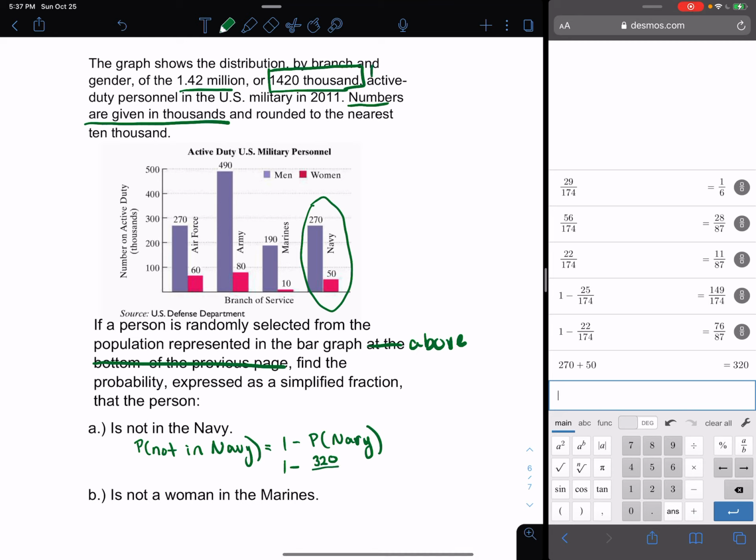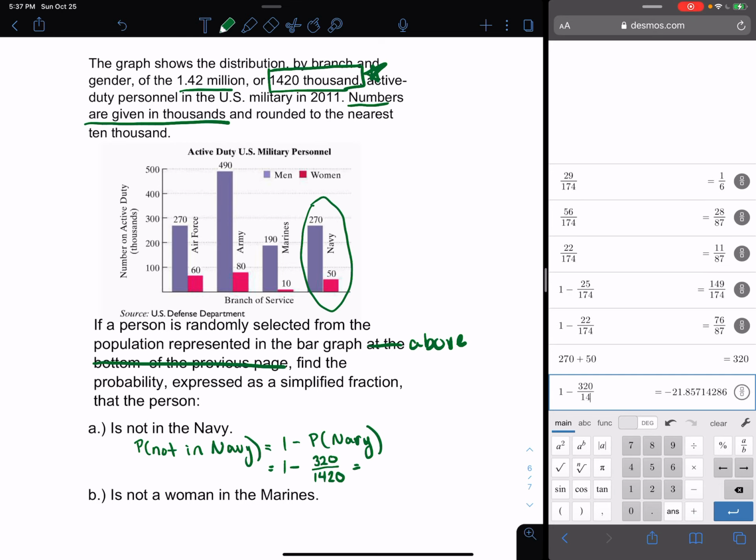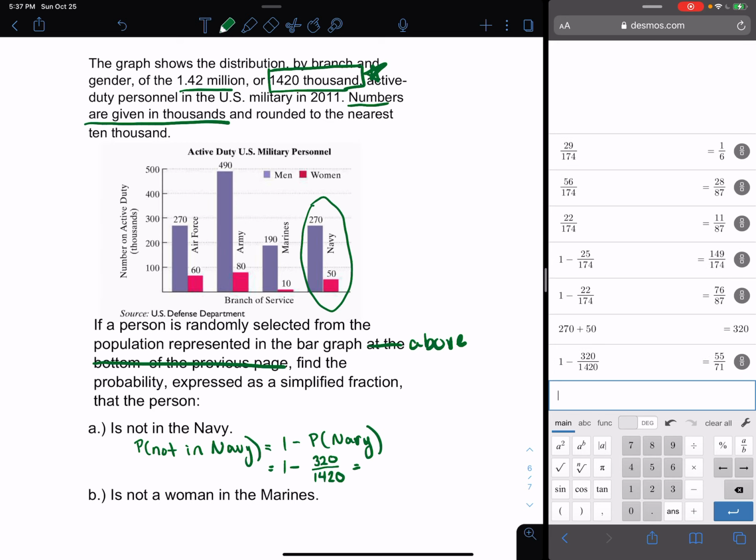I'm going to use what they gave me up here, that 1,420. If I do that, they're telling me just to answer as a simplified fraction. So I'll do 1 minus 320 over 1420. I'm going to hit that fraction button, and it gives me 55 over 71 as my answer as a simplified fraction.